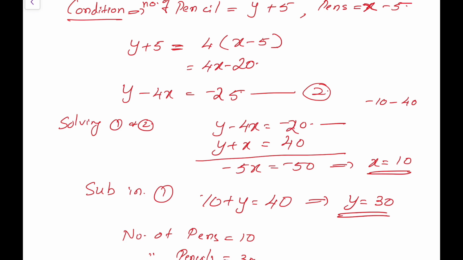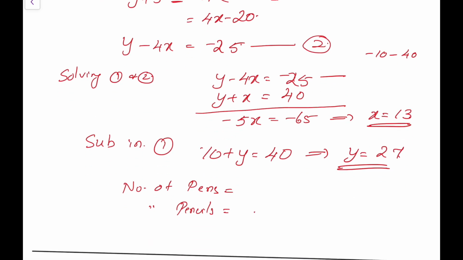So minus 5x, so minus 65. So x is equal to 13. So y will be equal to 27. So the number of pens is equal to 13 and number of pencils is 27.